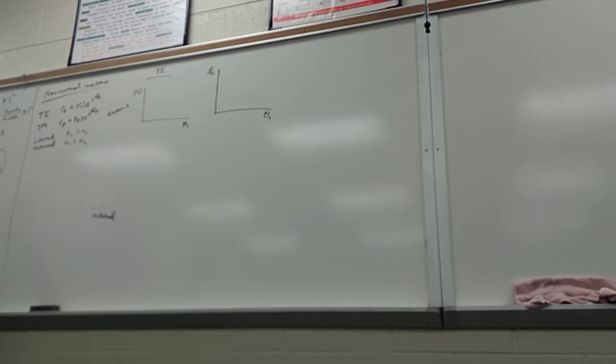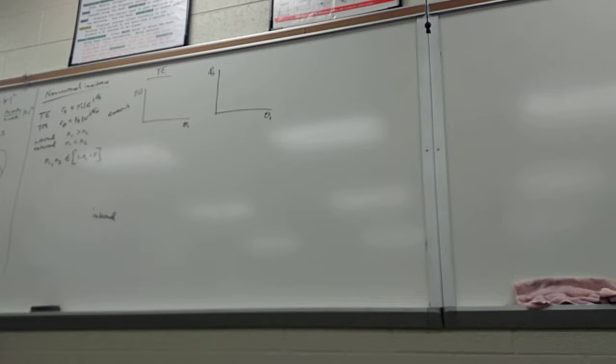And so let's assume that N1 and N2 come from the set 1.0 and 1.5. So if it's external, then N1 is 1, N2 is 1.5. If it's internal, N1 is 1.5, N2 is 1. So in other words, we're looking at an air-glass interface or a glass-air interface.